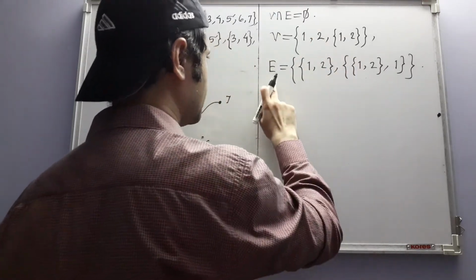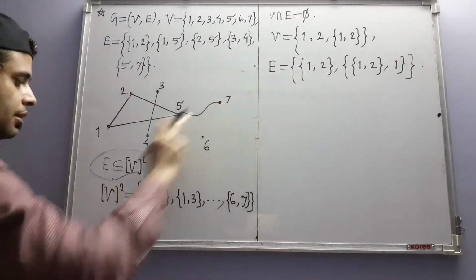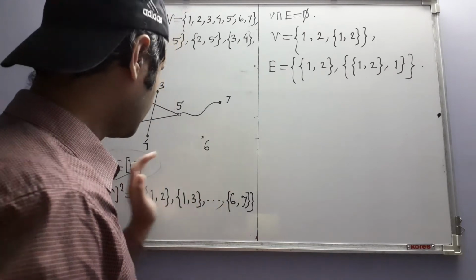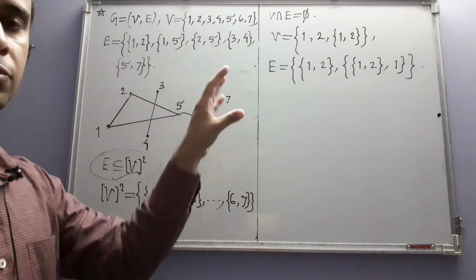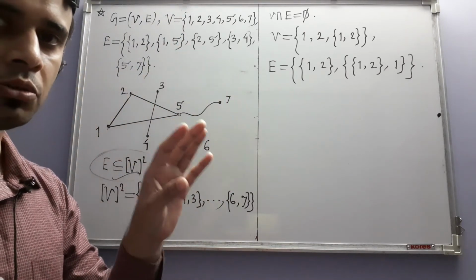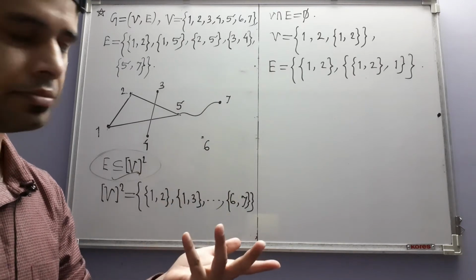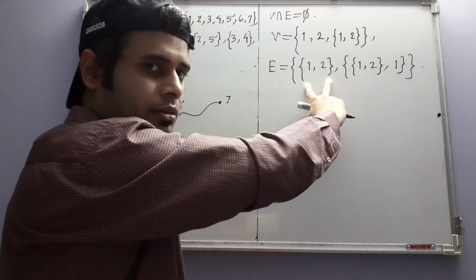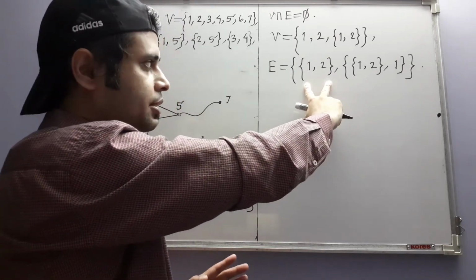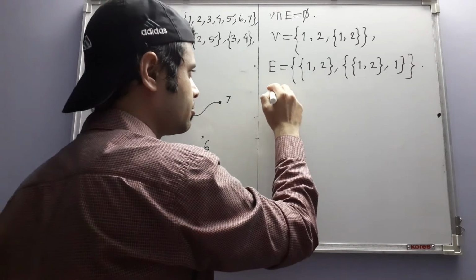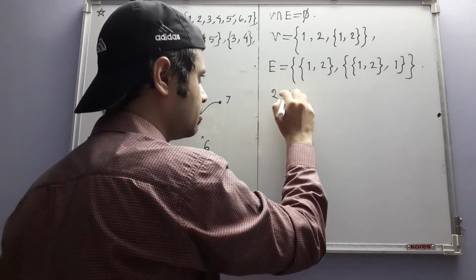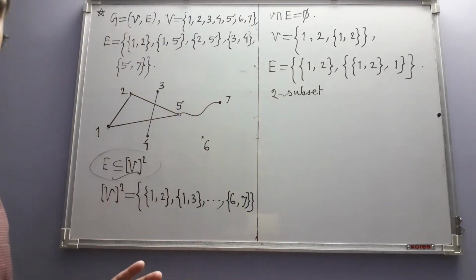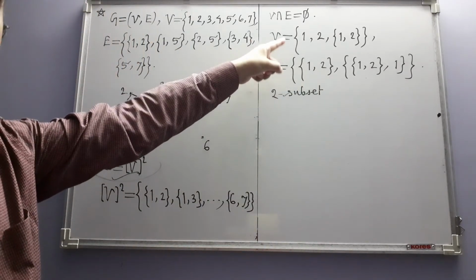Now, is this E satisfying this? According to our relation, every element in E has to be a 2-element subset of V. What about this element? It's a 2-element set. That means it's a 2 subset, according to the terminology that we have agreed on, a 2 subset of V. Why is it a subset?